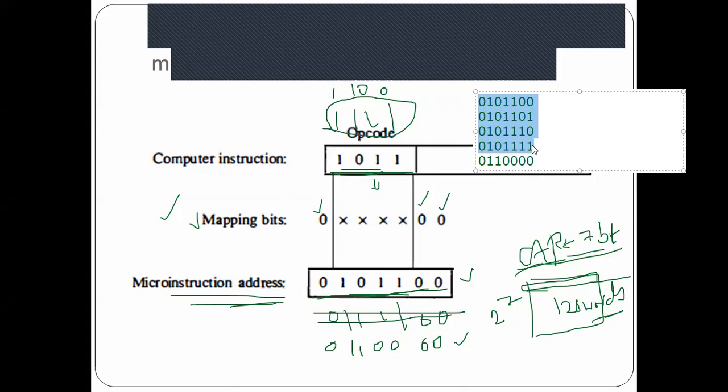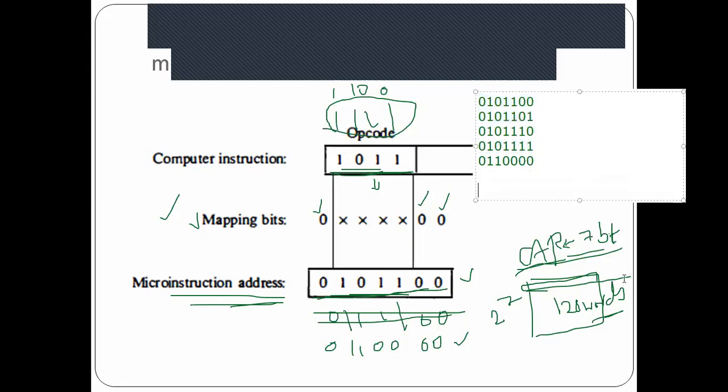If it is less than 4, fine. If your subroutine will take a length above 4 micro operations, what should we do? You have to use a space which is free. So what is the last address with this mapping?